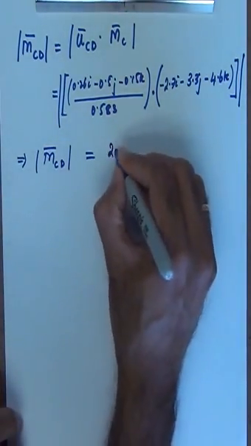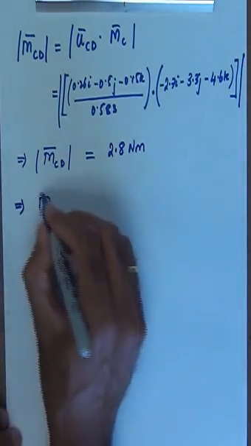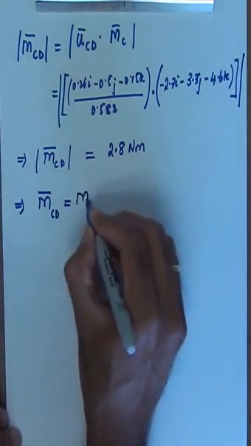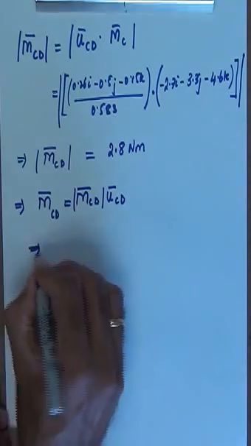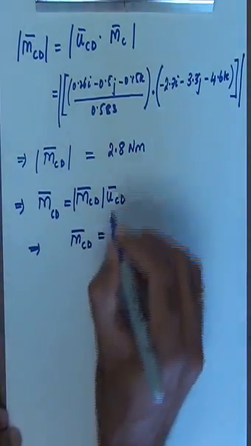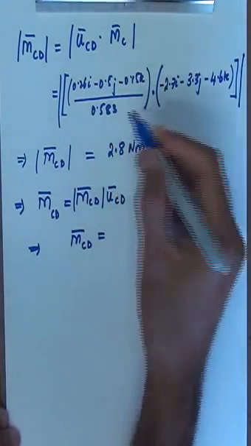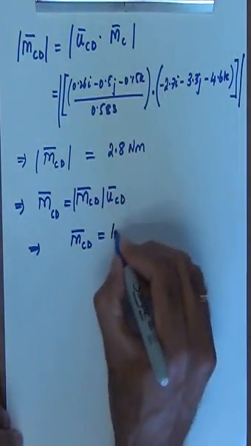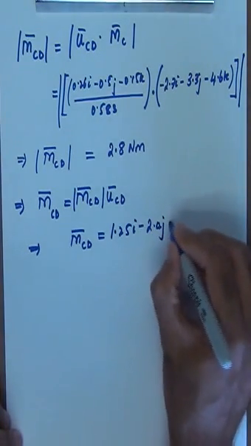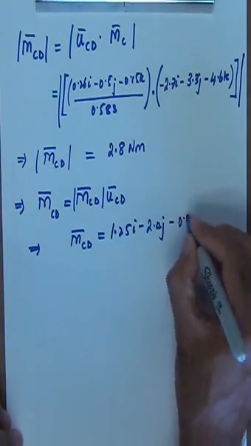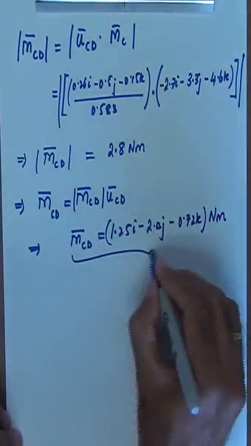This is approximately 2.8 Newton meters, and then if you want to write it as a vector, M_CD is the magnitude times the unit vector, and so M_CD is essentially 2.8 times the unit vector U_CD, which is written here, and then once we do the math, you're going to get 1.25i minus 2.4j minus 0.72k, so many Newton meters.